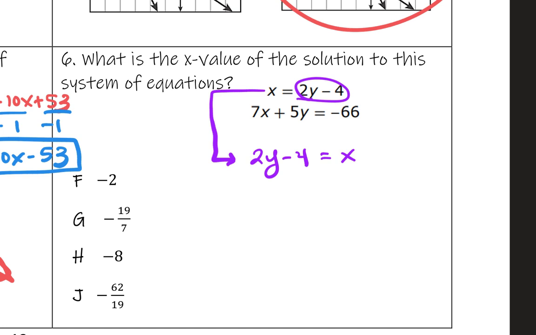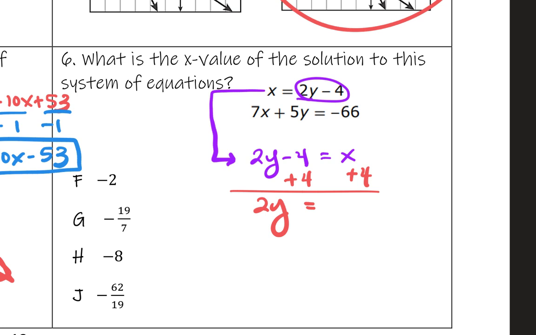What do I need to move over with the x? The 2 or the 4? If I want the y by itself, what do y'all think? The 4. All right, let's add the 4. Can I add x and 4 together?